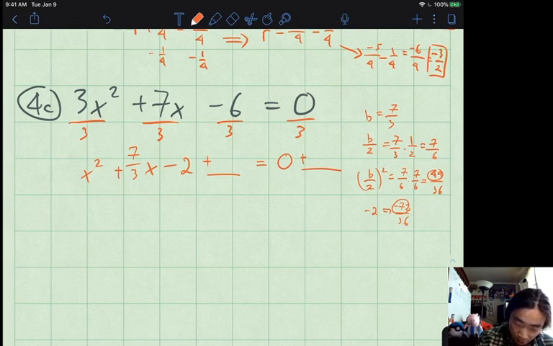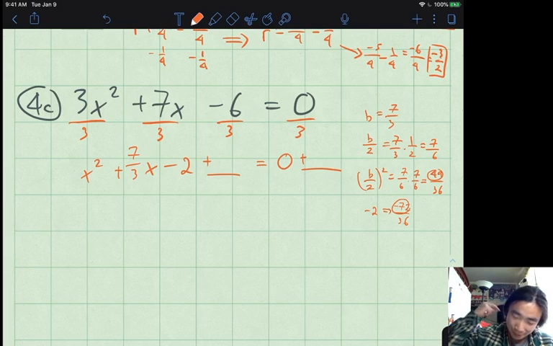Make this line go away. Okay, so the alternative way has me confused now. So I want to get to 49 over 36. I'm already at this one.